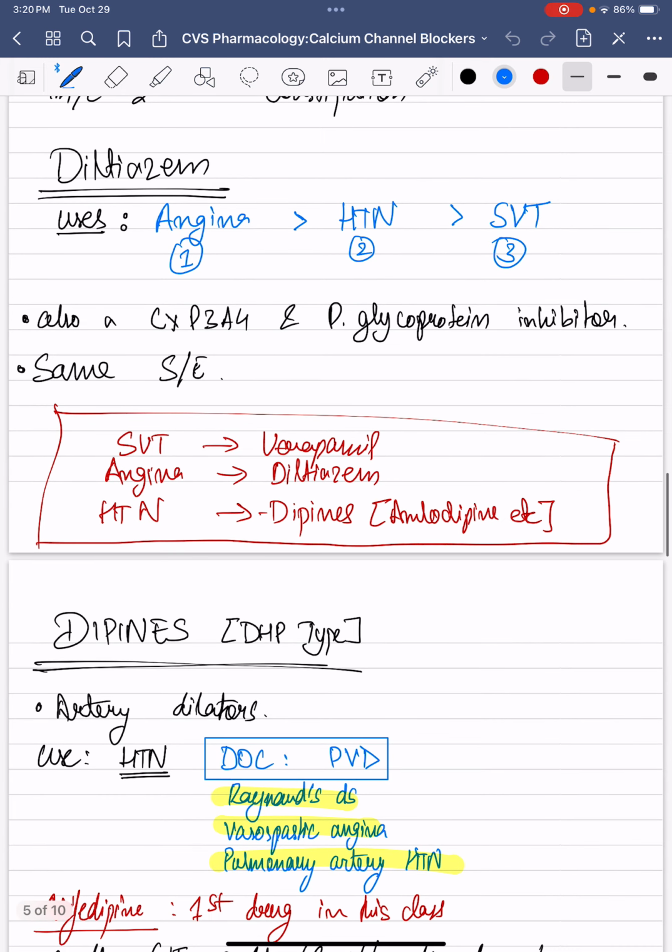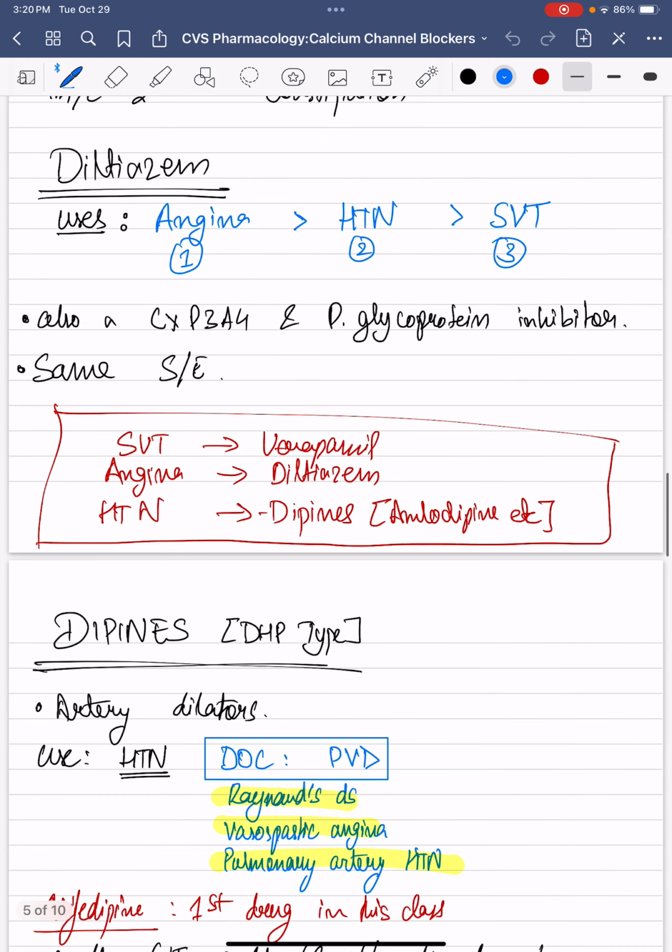This is just a small fact: for SVT, supraventricular tachycardia, we prefer the non-DHP type calcium channel blocker, that is verapamil. For angina, we prefer diltiazem, but if there is hypertension, we consider dipines like amlodipine, nifedipine, nicardipine, and many other dipines.